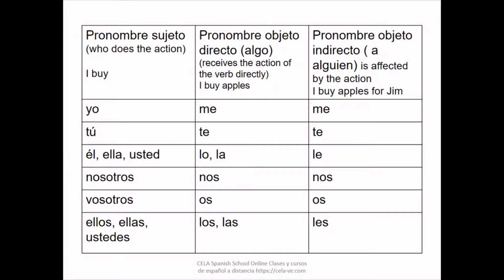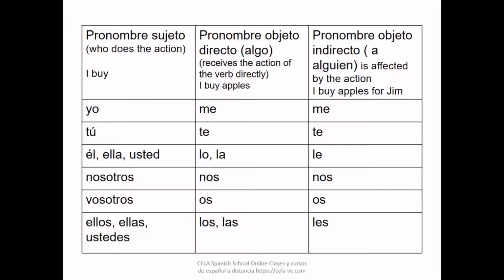In this table, we have the subject pronouns, the direct object pronouns, and the indirect object pronouns. The subject is the person or thing that does the action. The direct object is the thing or person to whom the action is directed.